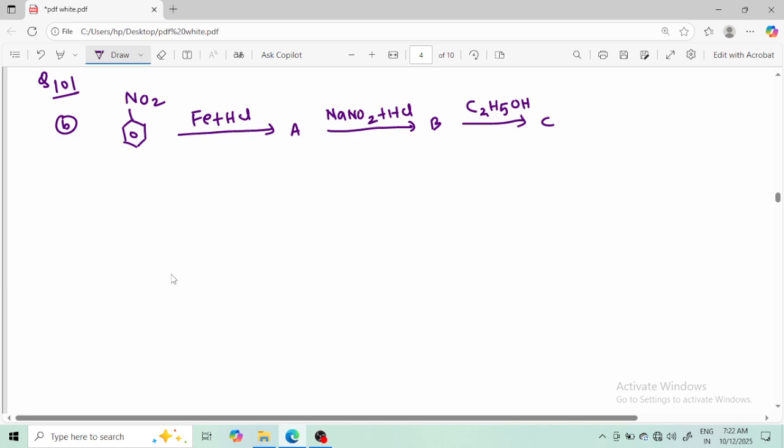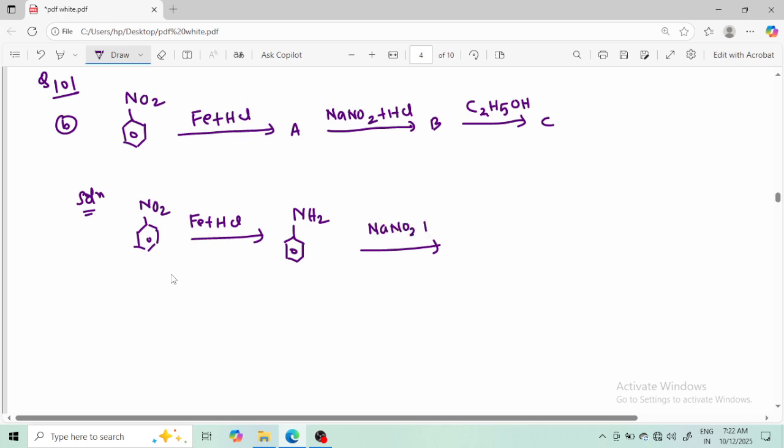So basically this is the first preparation reaction from the amine chapter, right? What will happen if NO2 is reacting with Fe/HCl? The moment it reacts with Fe plus HCl, this NO2 changes to NH2, that is the amine structure. And then from here onwards it is the diazonium salt reaction, NaNO2 and HCl, so that NH2 will change to N2Cl.